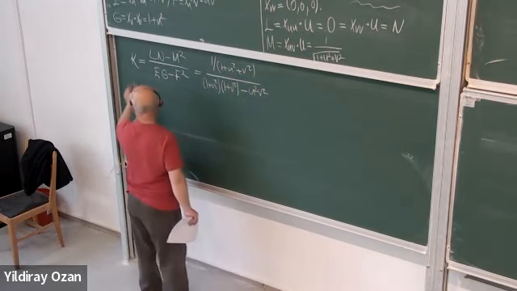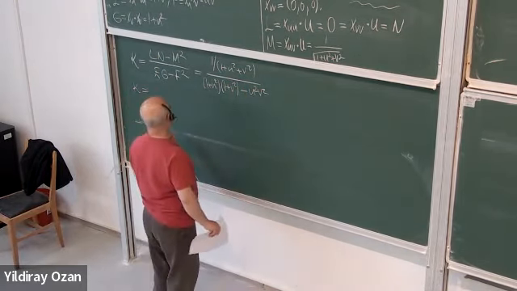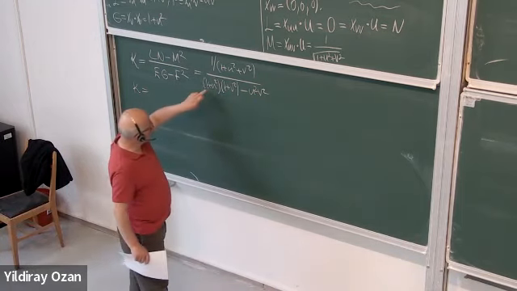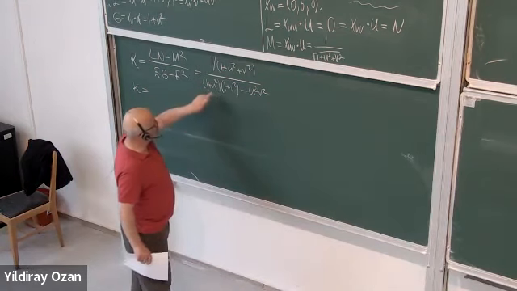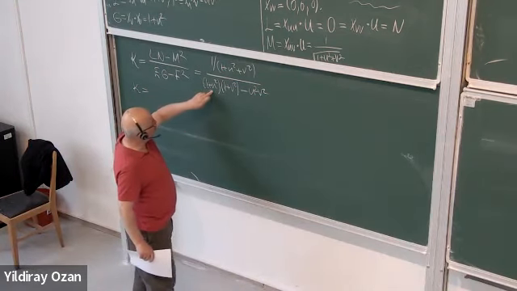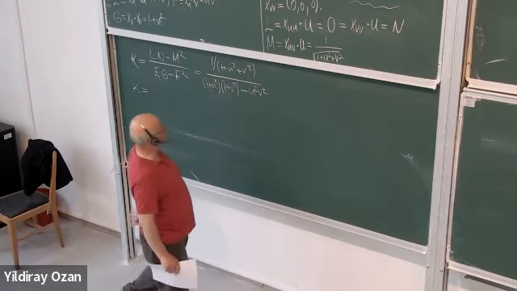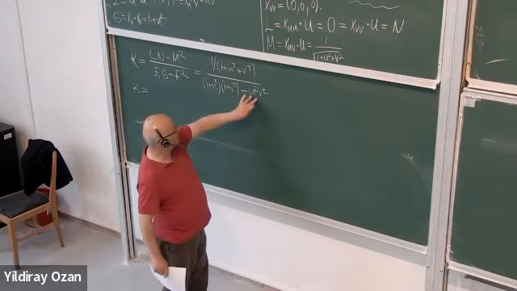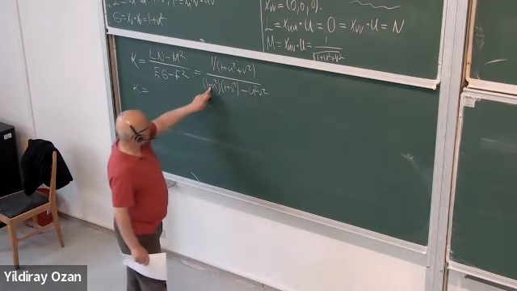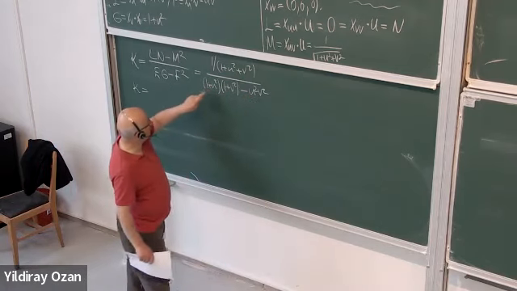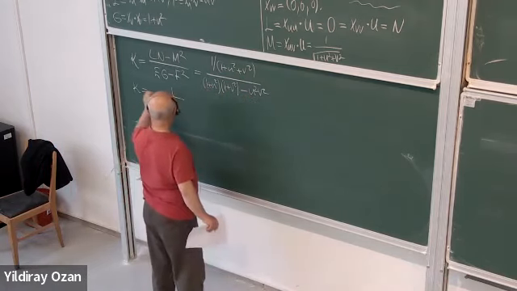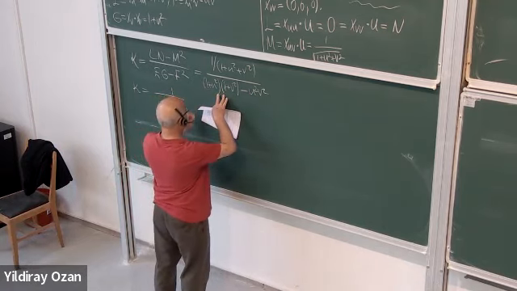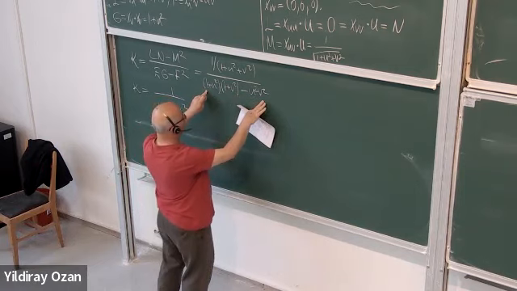So K is just kappa, or K. So this is 1 plus u squared plus v squared plus u squared v squared, and minus u squared v squared. The u squared v squared is cancelled with this. And then I have just 1 times, so I have 1 plus u squared plus v squared from this expression.